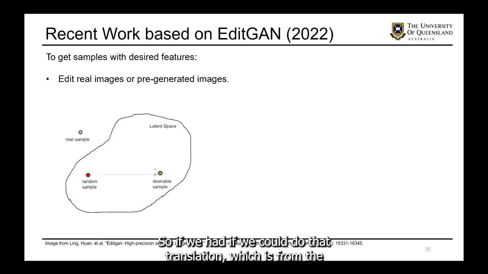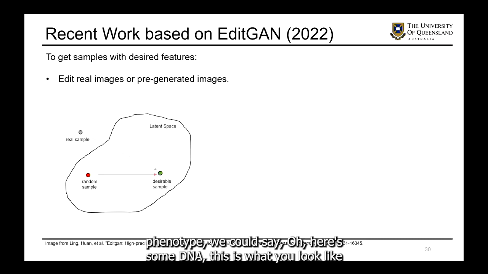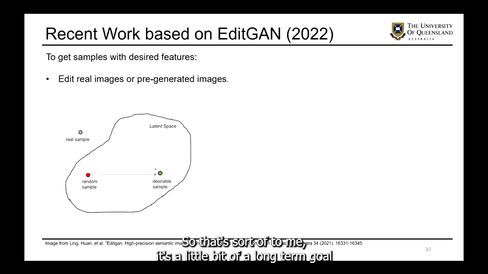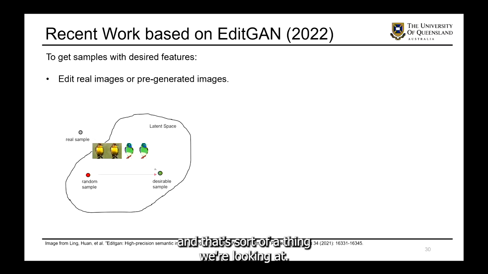So if we could do that translation, from the genotype to the phenotype, we could say, oh, here's some DNA, this is what you look like. And this is what you look like at age 5, at age 10, at age 20. That's, to me, a bit of a long-term goal: to go from the DNA to the person's face. I'm doing work in genetics at the moment, and that's a thing worth looking at.